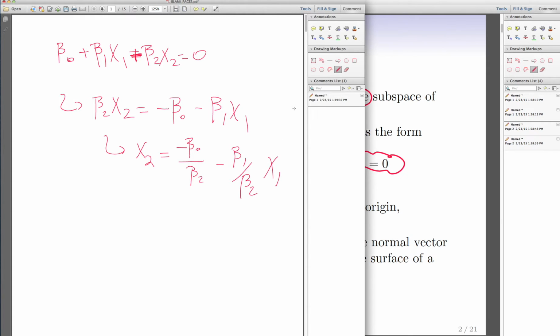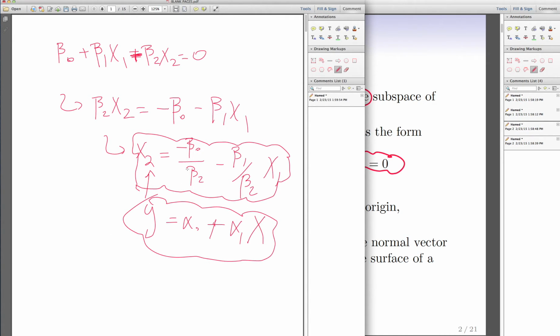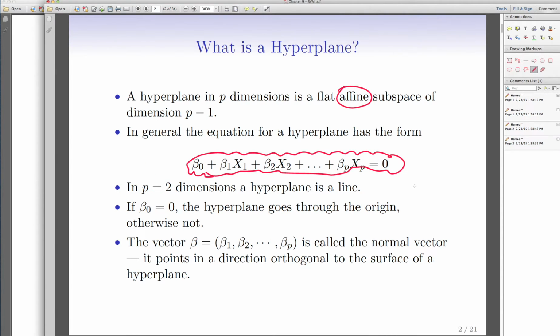I'm sure you know that this is an affine line, so we can just rename it to y is equal to alpha 0 plus alpha 1 x. So that's the line, right? When p is equal to 2, that's a simple line. If p is equal to 3, that's a plane. And if p is more than 3, it's called a hyperplane.